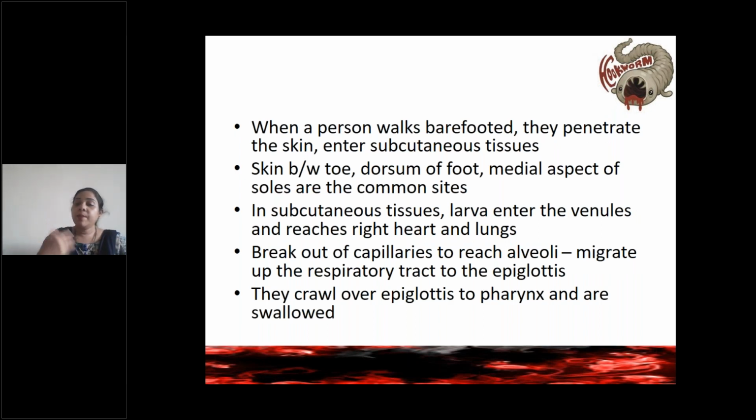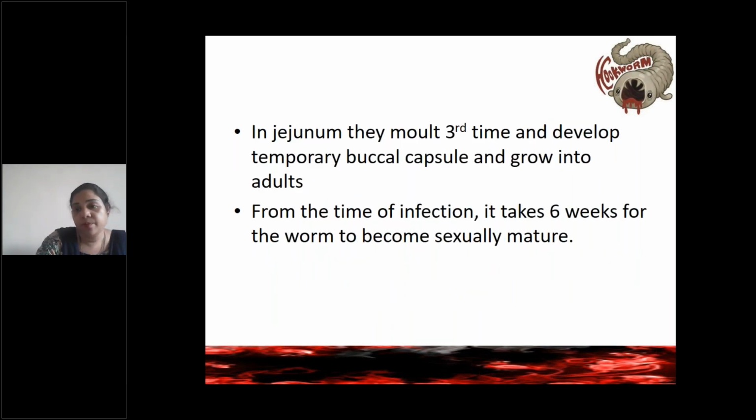Now, when man walks barefoot, this filariform larva will enter, reach the right heart and lungs, break out of the capillaries and reach the alveoli, migrate up the respiratory tract, crawl across the epiglottis and pharynx, and is swallowed.